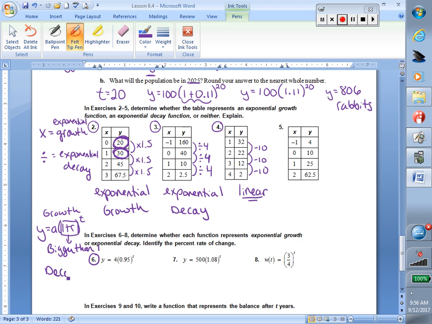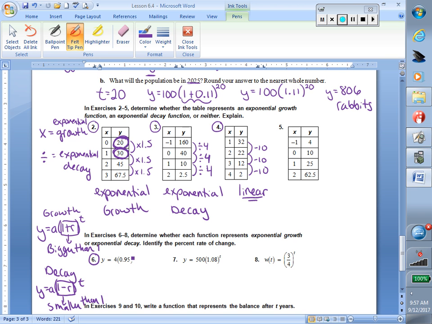If you're decaying, that's when we subtracted in the parentheses. So if we're subtracting in the parentheses, that means the number inside of there is going to be smaller than 1.